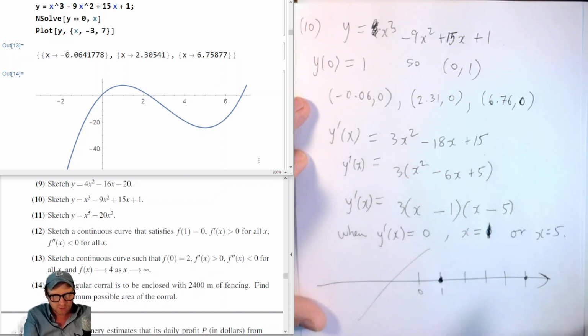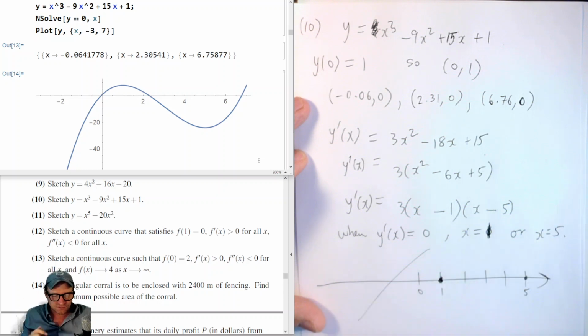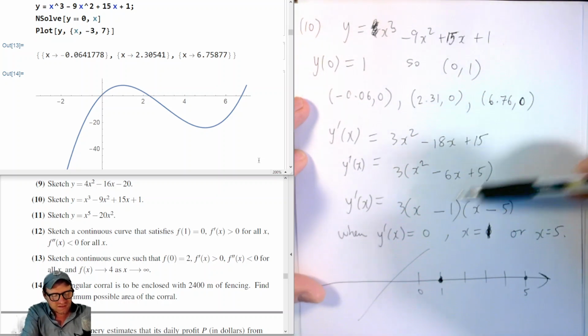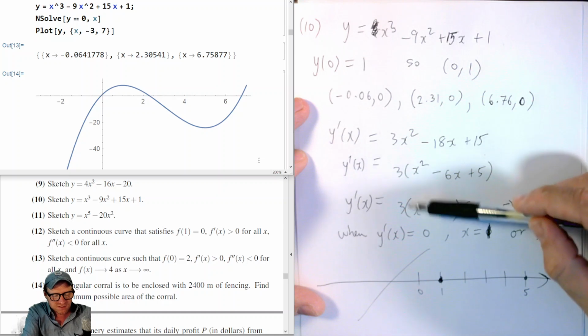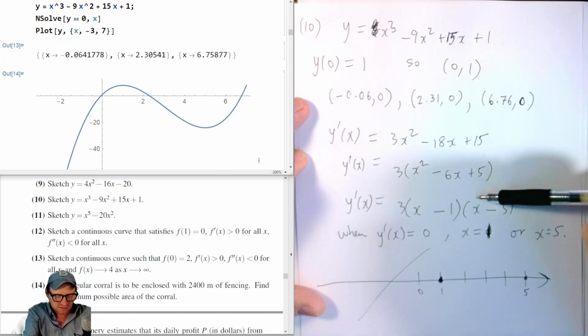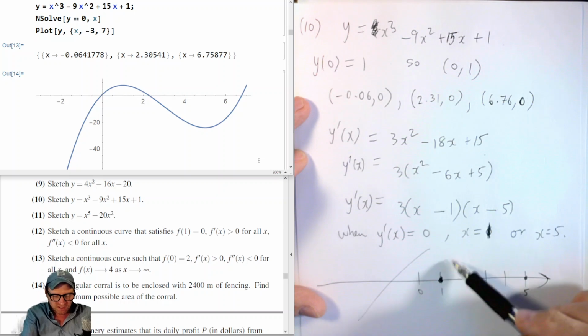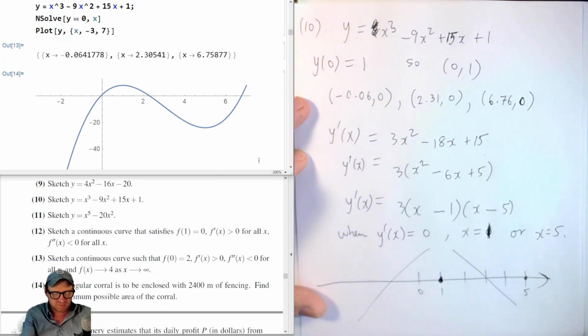Okay, so positive slopes on this side. Now pick a number between 1 and 5. Okay, say 2. So if I sub 2 into this, then 3 times 2 minus 1 is 1, so this part is positive. 2 minus 5 is negative, so I get a negative slope for numbers in between 1 and 5. Okay, so something like that.